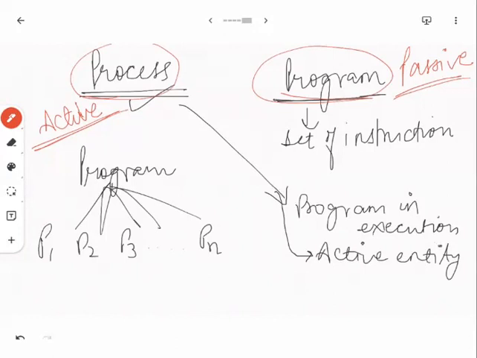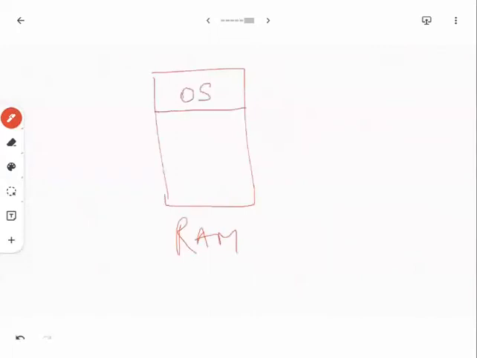Okay. So when you boot your machine, suppose this is the RAM structure. Whenever you boot your machine, you have one portion reserved for your operating system. Your operating system gets loaded into the RAM, and the rest of the portion is reserved for various processes.